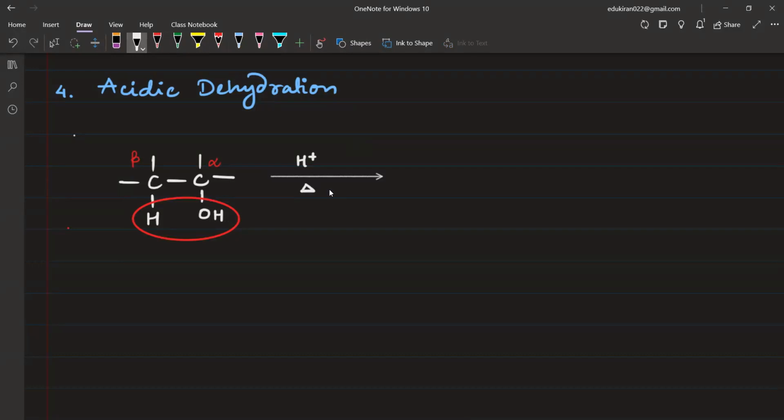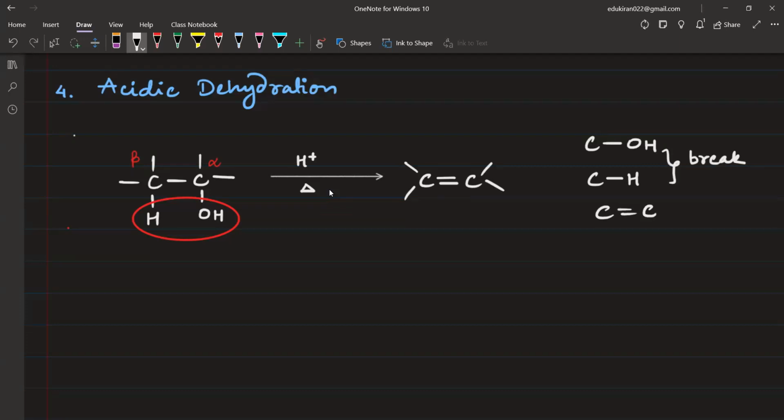And we get a double bond between the carbon atoms. So the beta carbon and alpha carbon get a double bond. Now what is happening here? Please see. The alpha carbon's C-OH bond and the beta carbon's C-H bond, both of these are breaking, and a carbon-carbon double bond is getting formed.